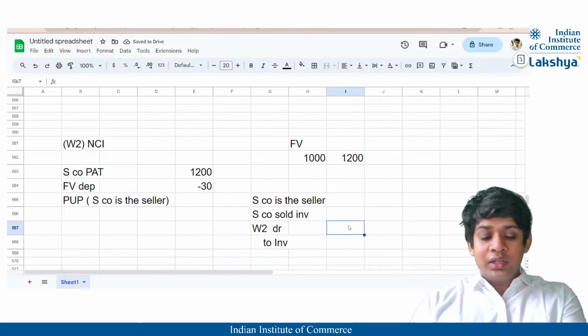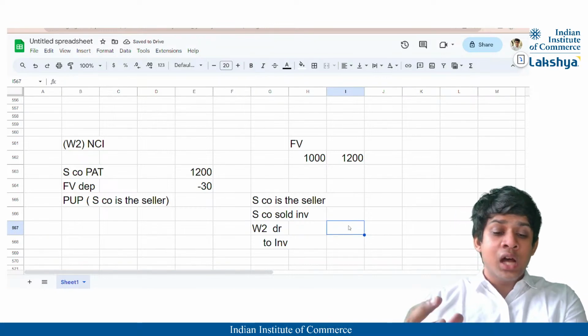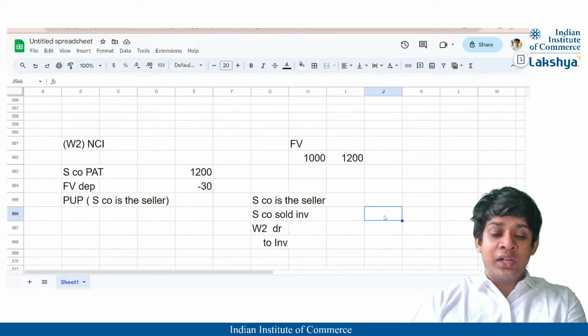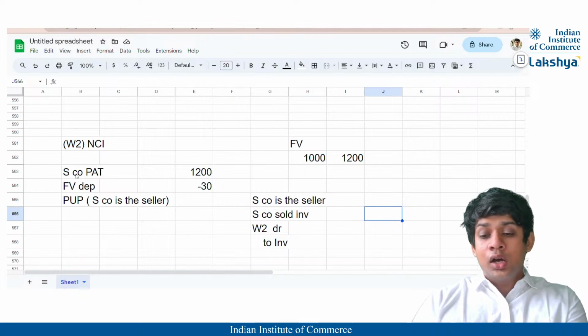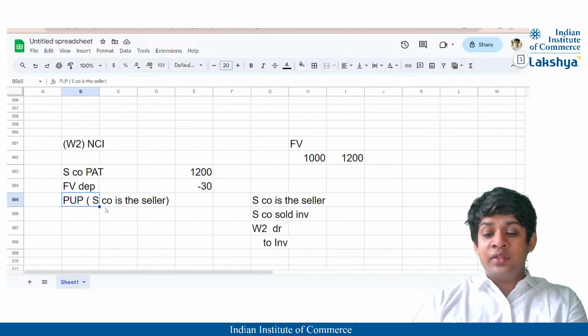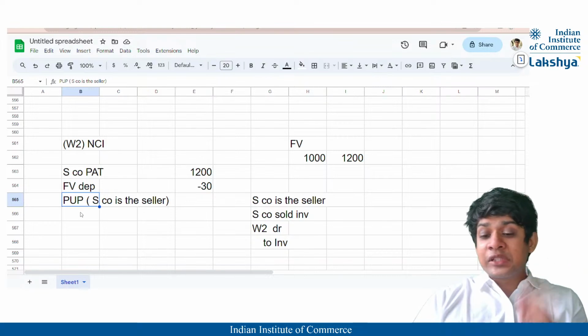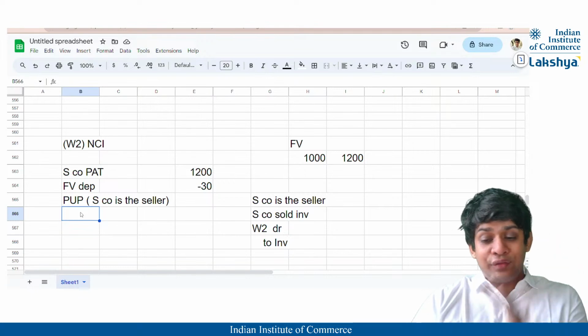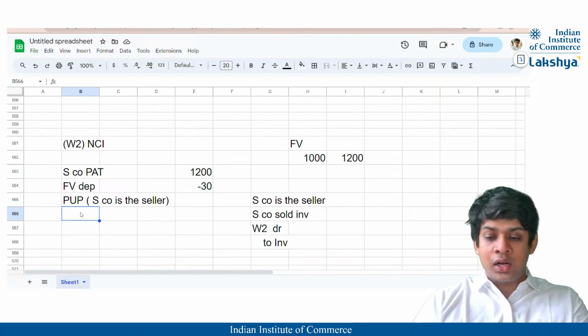So it includes the unrealized profit that was not to be actually stated. When we adjust it in working note 2, it is allocated to the NCI and the group. That is the reason why, if there is any PERP, only when the subsidiary company is the seller, it shall be deducted from here, be it for the sale of non-current assets or for the inventory.